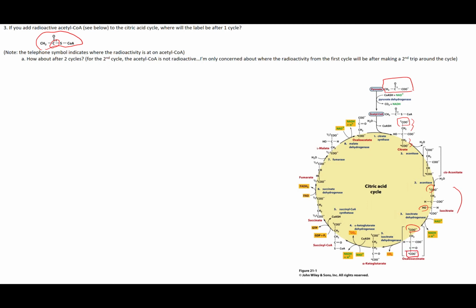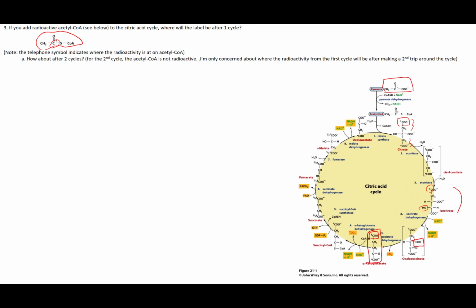Sorry, this is the intermediate. There we go. We end up losing this carboxylate as CO2, and we get alpha ketoglutarate, with our label still up here.